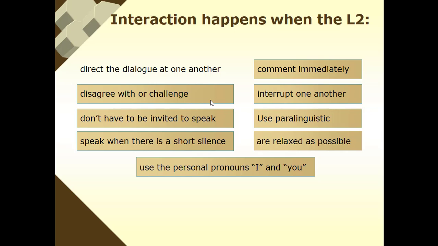So that's going to be interruption. Number two, or for example, you disagree and you don't want that person to keep on talking anymore because maybe he or she is wrong, or maybe you want to add your ideas before you forget them, right? The other one is that you don't have to be invited to speak, meaning you can interrupt.